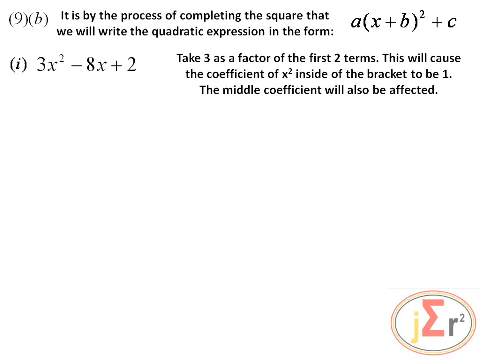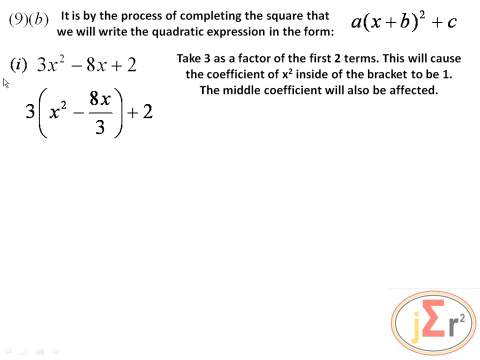Therefore, we will eliminate this 3, but we cannot throw it away. If we throw it away completely, we will be changing dramatically the value of the entire expression. So we will remove the 3 and keep it at the same time. How do we do that? We will do that by making what I call a partial factorization.